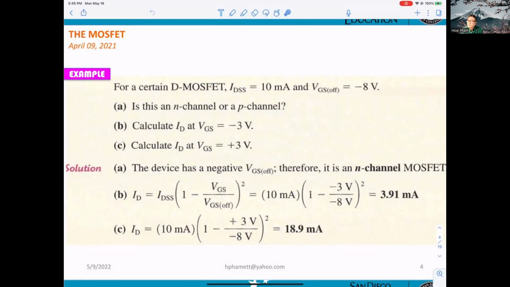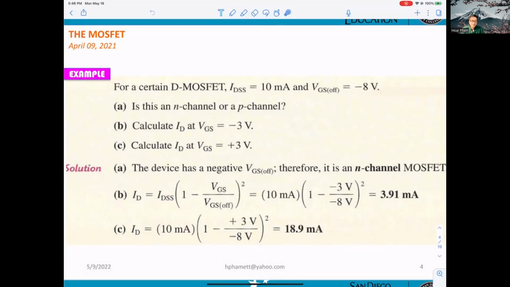That calculation gives ID equal 3.91 milliamp. Number C, calculate ID at VGS equal plus 3 volt.